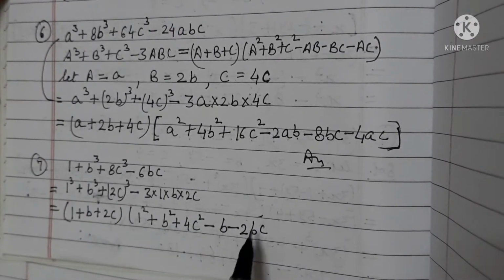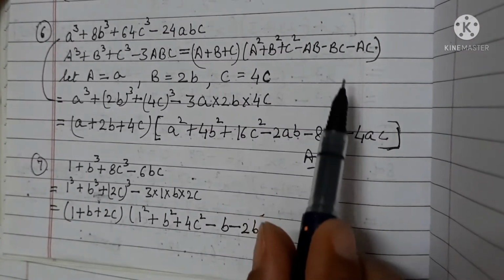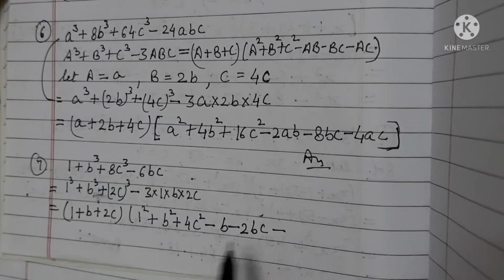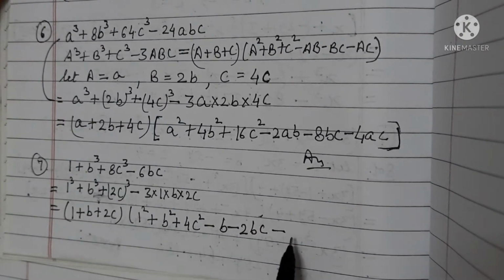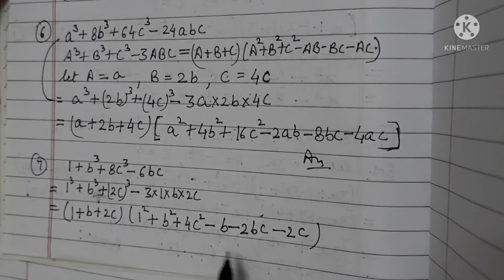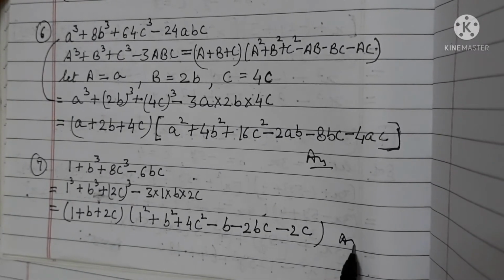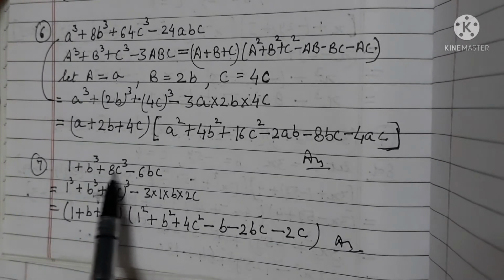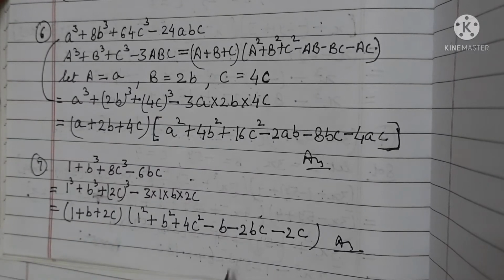These are small letters and these are capital. Minus ac means 2 into 1 into c, 2c. So this is the answer, or we can say the factors of the given expression.